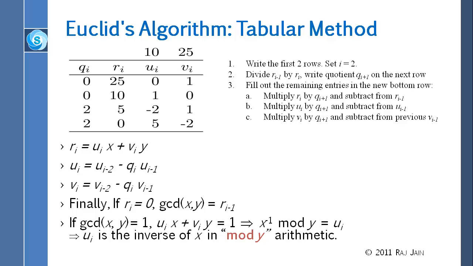And the first 2 lines are filled in by yourself. So the first line you write the bigger number, which in this case is 25, and then you write down 1, 0 here.